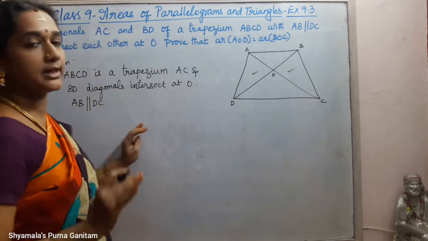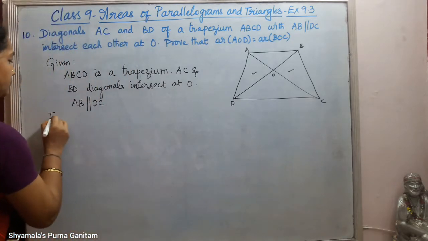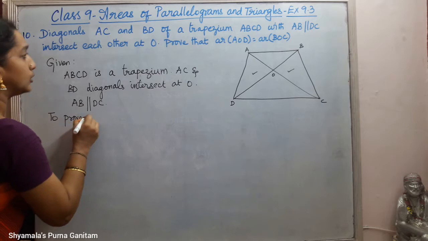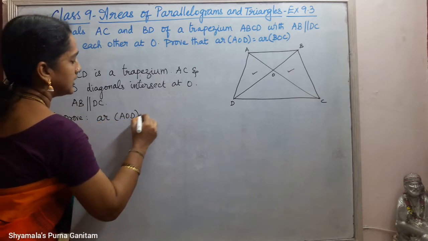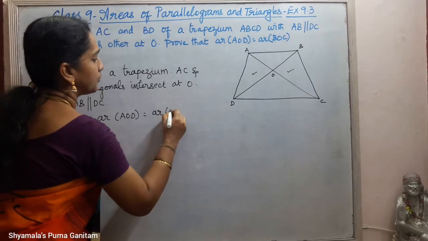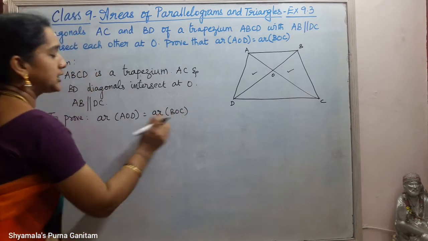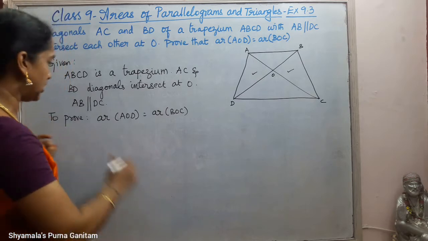These are all the things given. To prove: area of AOD is equal to area of BOC. So these two areas of the triangles are equal, we need to prove.